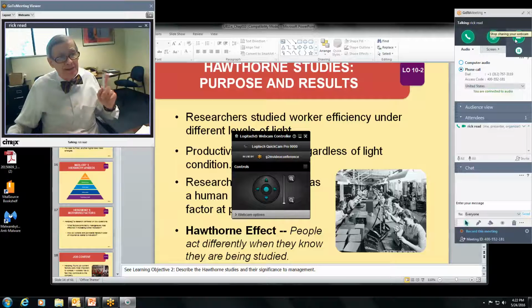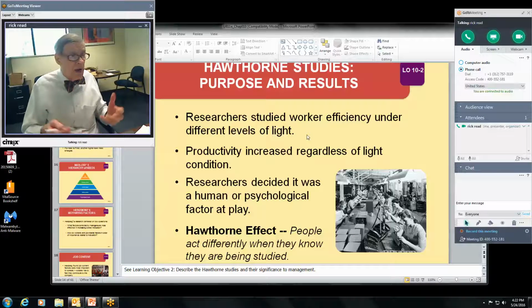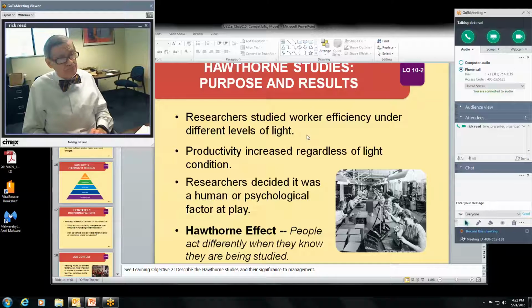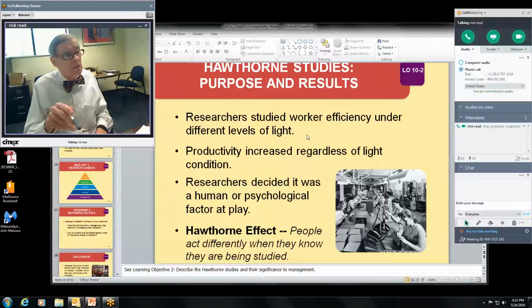Now, a little bit different in the 1920s and 1930s than it would be today. We didn't have so many buildings with the lights and things of that nature. And of course, we have more population today. What they found out in this particular experiment and several other ones was that it didn't make any difference how low the light went.